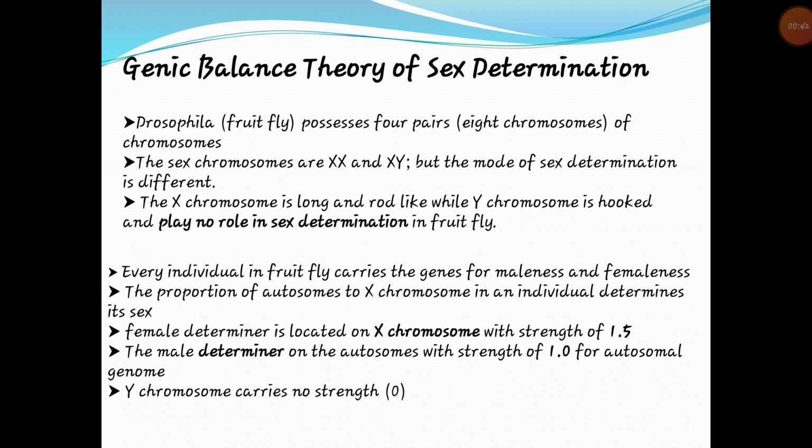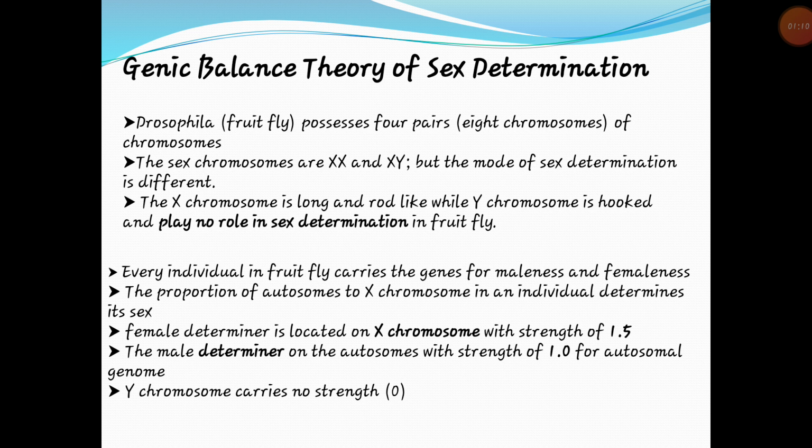Drosophila, that is the fruit fly, possesses three pairs of autosomes and one pair of sex chromosomes in each diploid cell. The sex chromosomes are XX and XY, but the mode of sex determination is quite different. Thus, Drosophila possesses 8 chromosomes and the haploid number of chromosomes is 4: 3 pairs of autosomes and 2 sex chromosomes.